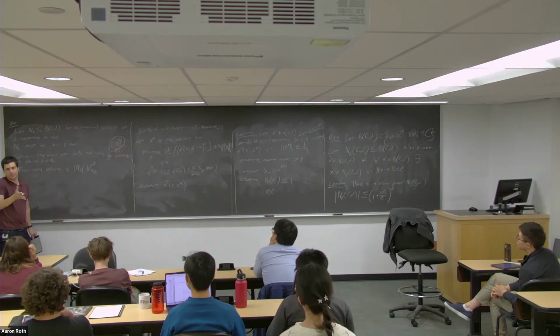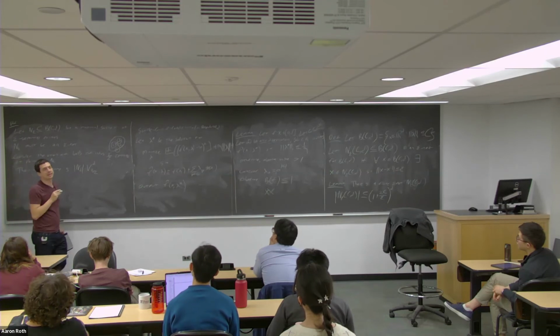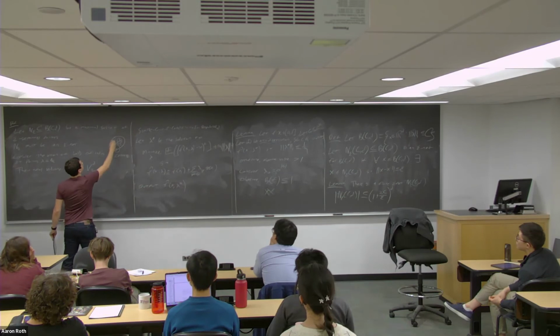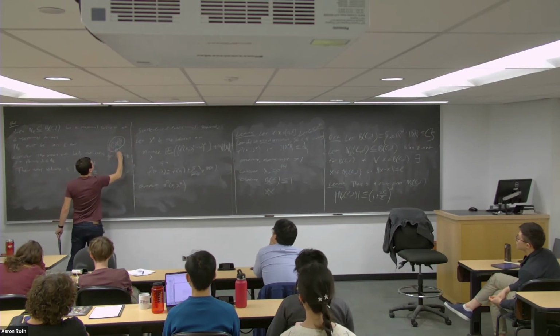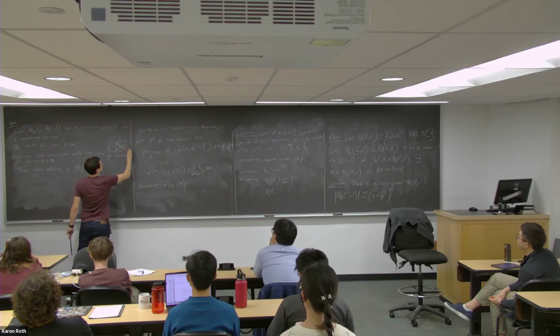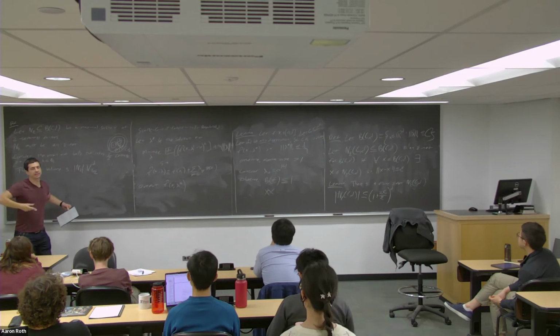But the balls I've drawn around the points inside this set have radius epsilon over 2. So the union of all of these balls has to be inside the ball of radius C plus epsilon over 2. Can't extend outside that.